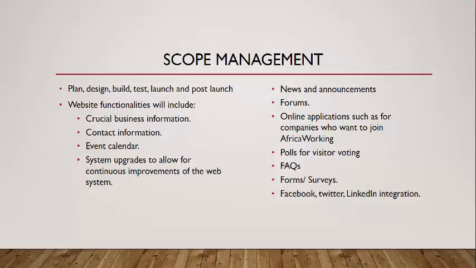Also news and announcements should be there, forums, applications for companies that would like to join Africa Working, polls for intriguing questions that will engage the users visiting Africa Working, FAQs, and integration of the popular social media sites.